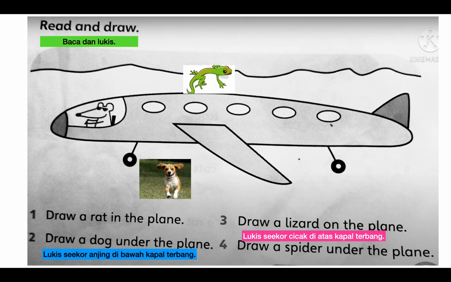The last one, draw a spider under the plane. Lukis, spider ialah laba-laba. Under, di bawah, the plane. Jadi, lukis seekor spider apa? Spider laba-laba. Lukis seekor laba-laba under, di bawah kapal terbang. Lukis seekor laba-laba di bawah kapal terbang.